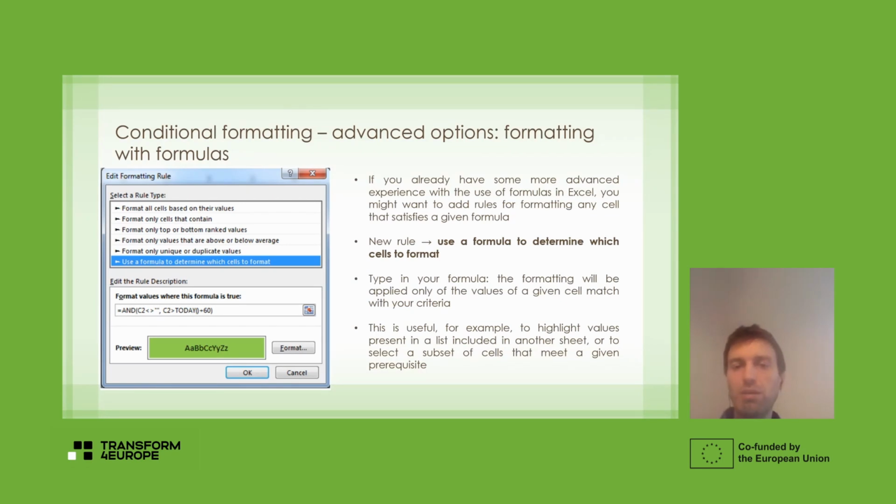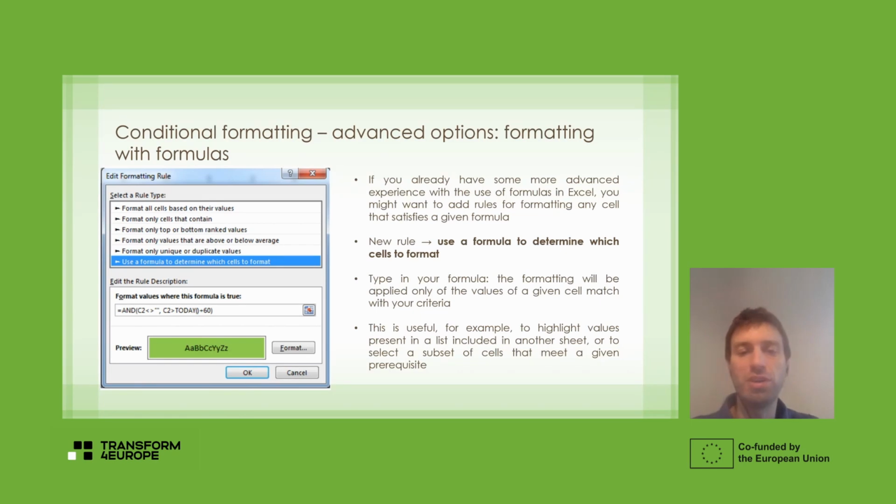So something that is quite different from the presets that we've seen, so higher than a given number, matching a text, and so on. You might have a formula, and you might want to color a given cell in a given manner only if the contents of that particular cell satisfy a given formula. So this requires a bit of advanced knowledge of formulas for Excel. So this is another topic that we're not going to talk about today.